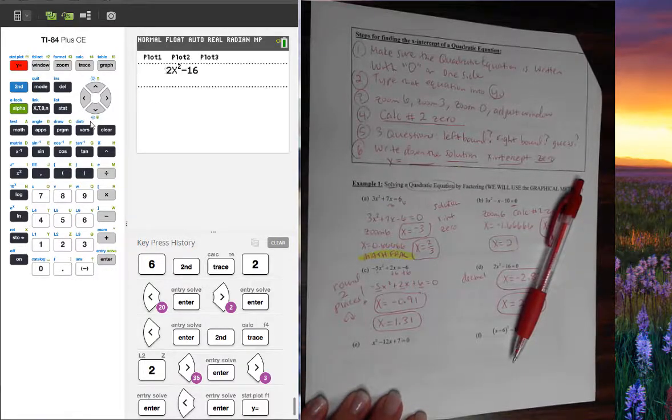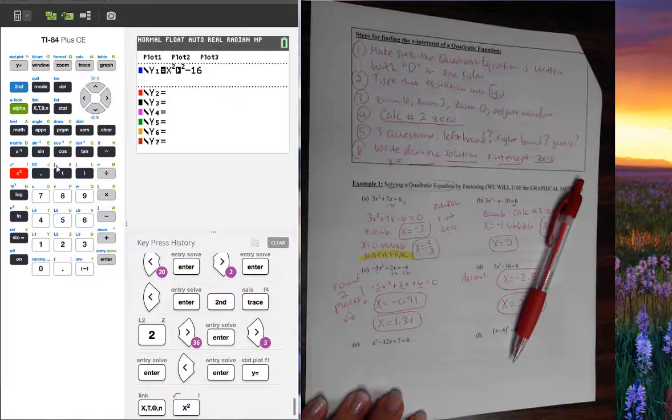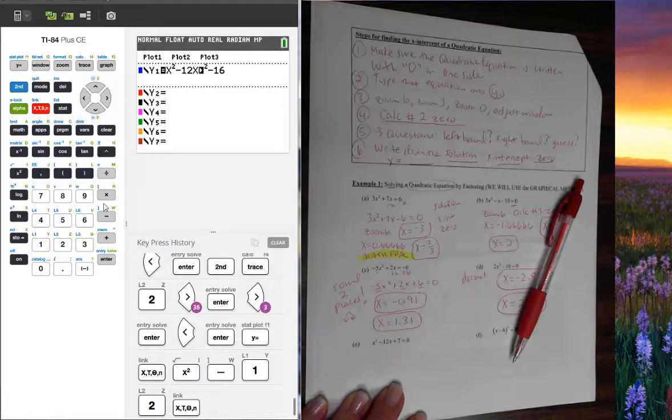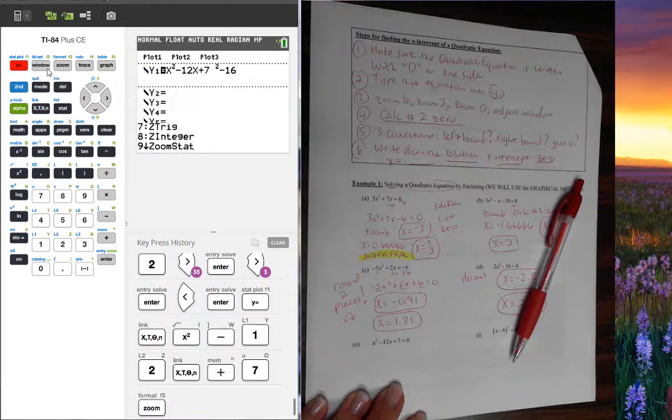This next one, let's just graph it. It's already solved for 0, equal to 0. So type it in y1. Let me delete this other stuff.